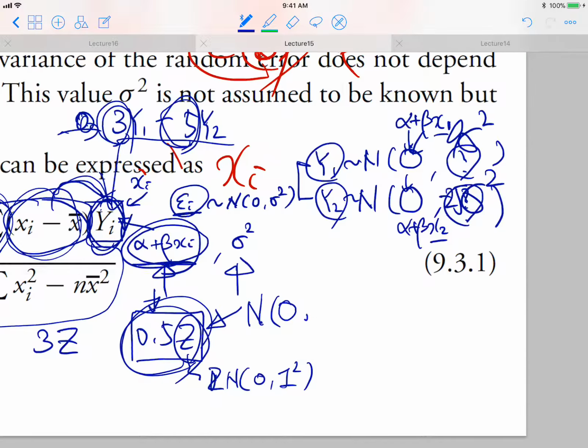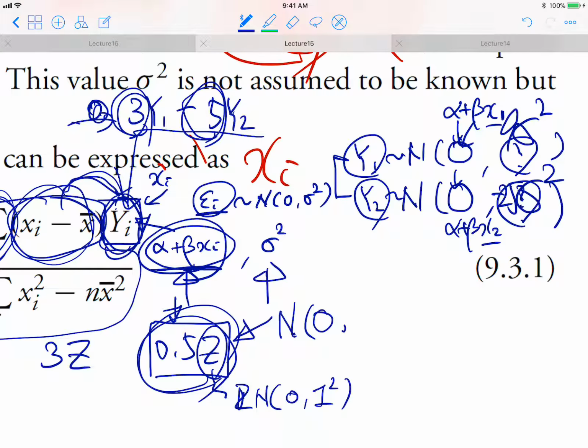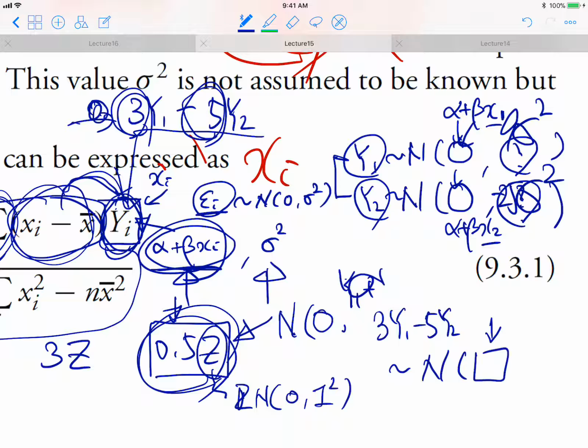Okay, and then, in this case, what will be the variance of 3y1 minus 5y2? So again, we have Gaussian and the mean value and this variance. What is the scalar multiple in this place?